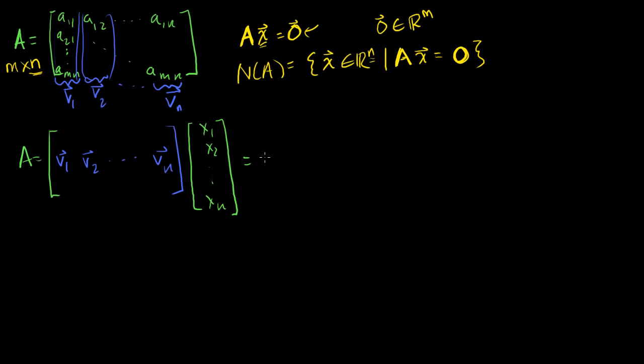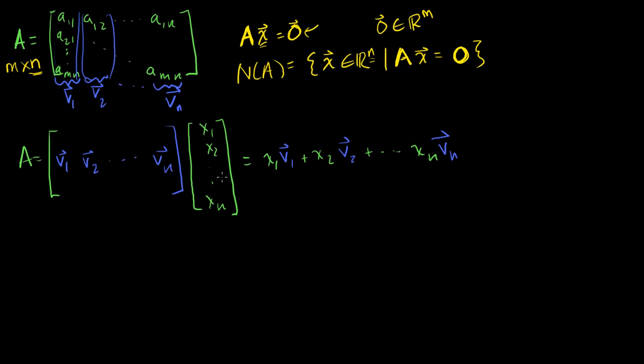This is the same thing as x1 times the first column, plus x2 times the second column, and you just keep adding them up, all the way to xn times the nth column. This just comes straight out of our definition of matrix vector products.